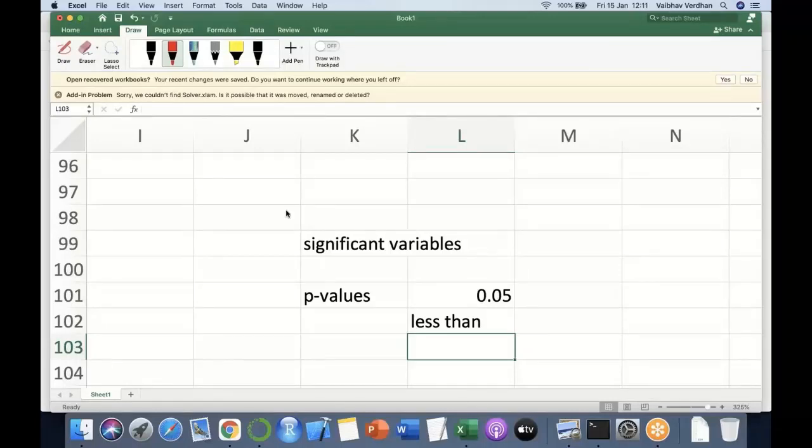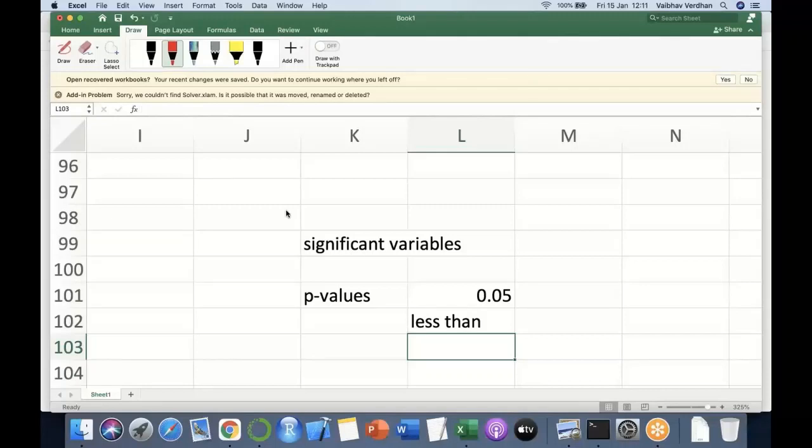Okay, what it means is that there is less than a 5% chance that your independent variable is impacting the dependent variable by chance.